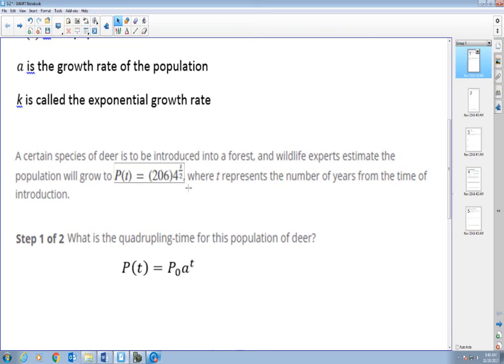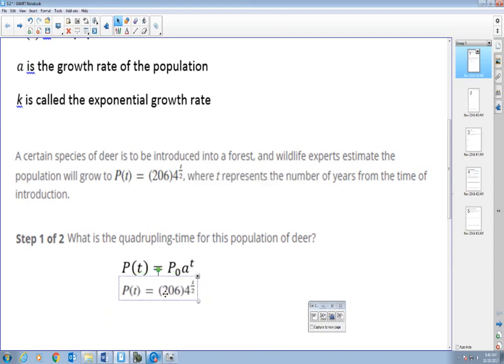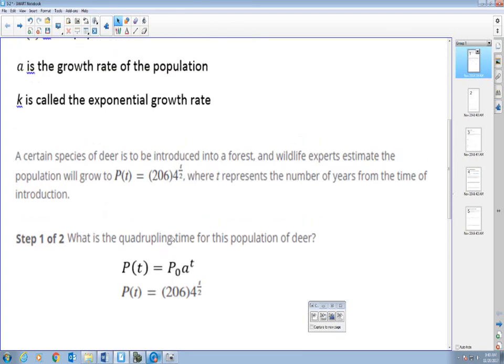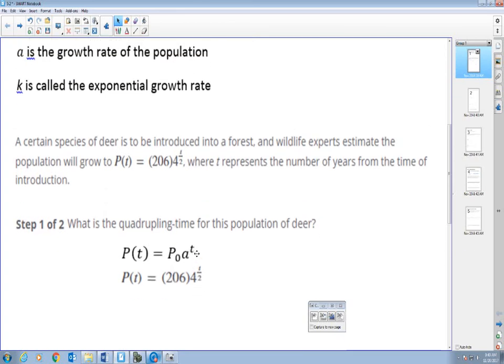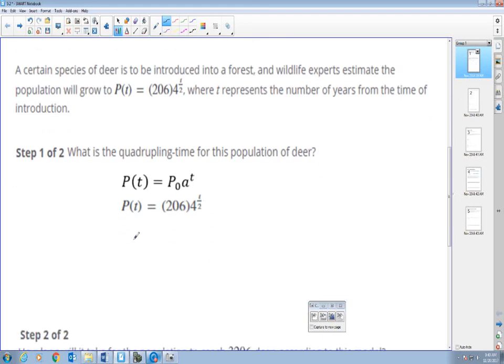Quadrupling time is looking for the time that the population will quadruple. If I line up my model with what this problem is asking, my initial population is 206. My growth rate is 4 to the t over 2 power. So what is a quadrupling time? That means my population will quadruple from the initial population, and we're looking for the time when that will occur.